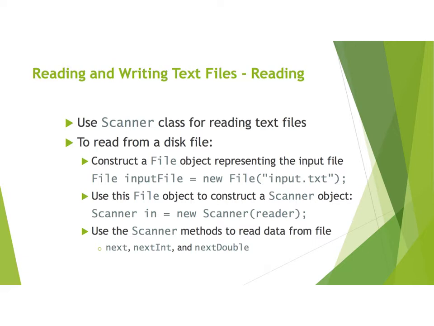In the next step, you need to use this File object to construct the Scanner object. For example, you name a variable of type Scanner in, you say Scanner in is equal to new Scanner, and the constructor of a Scanner gets an input parameter, in this case the reader.